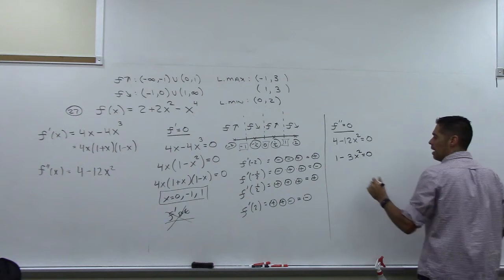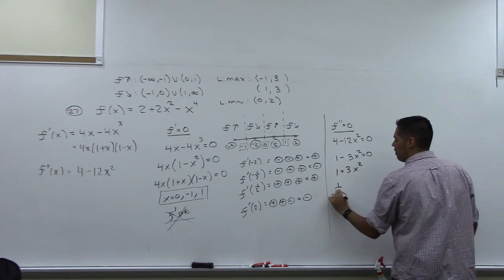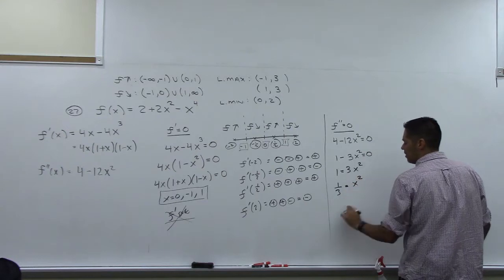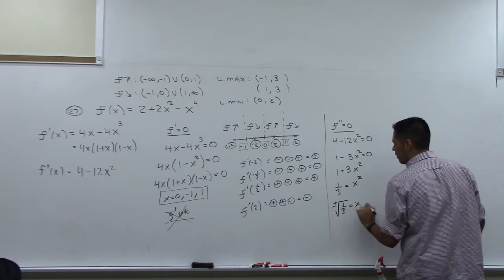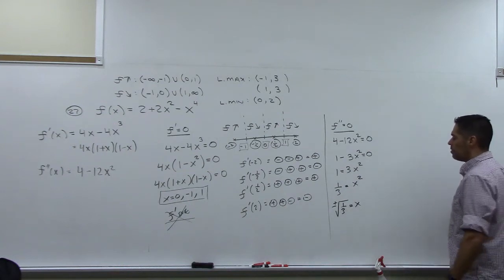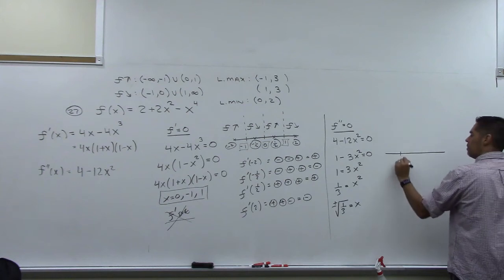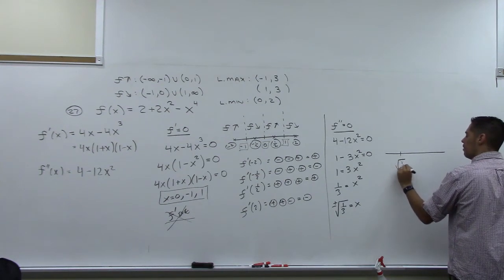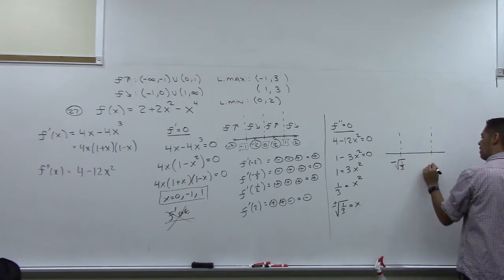And then I can move things around. 1 equals 3x squared. 1/3 equals x squared, and then take the root. Plus or minus root 1/3 equals x. So I have 2 critical numbers here. I can put those on a number line. It's negative root 1/3 and positive root 1/3.